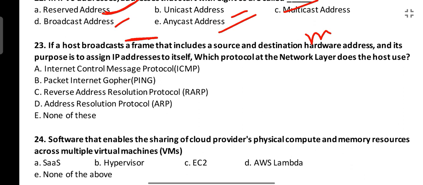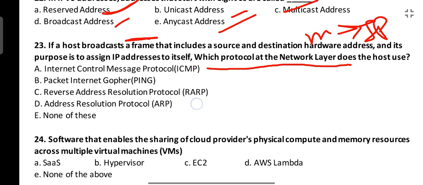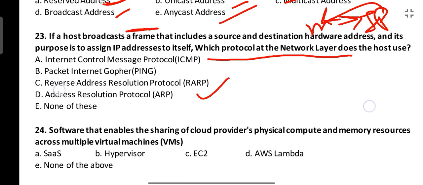So we know the MAC address, and what it is doing is assigning an IP address. So MAC to IP they're talking about. Which protocol at the network layer does the host use? We know which protocol transforms MAC address to IP address. It is the RARP protocol. So the answer is RARP, and the reverse is ARP. Whenever we have an IP address and we want to change it to a MAC address, at that place the ARP protocol is being used.